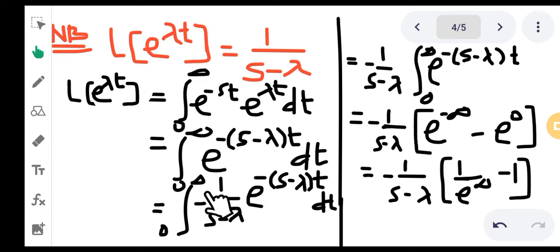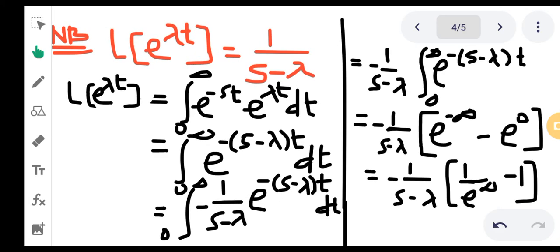So that's what I've done here. You are going to get the limit from 0 to infinity of negative 1 over (s minus lambda) times e exponent minus (s minus lambda)t dt. This is an idea of how we integrate exponential functions.